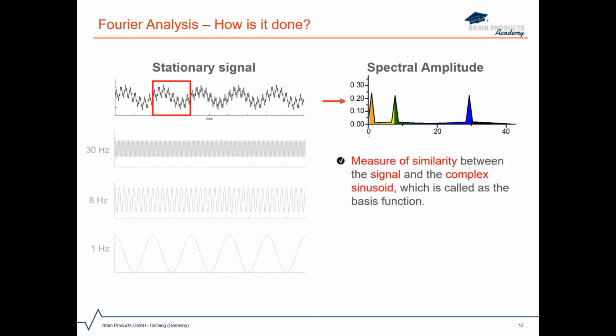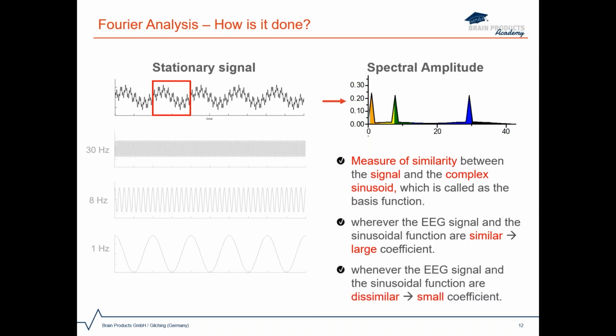This is done by multiplying the EEG signal with a complex sinusoidal function, which tells us how similar are the two signals. Whenever the EEG signal and the sinusoidal function are similar, they will multiply and sum to a large coefficient.